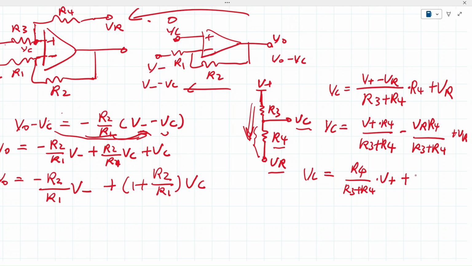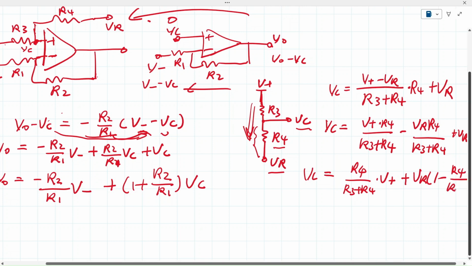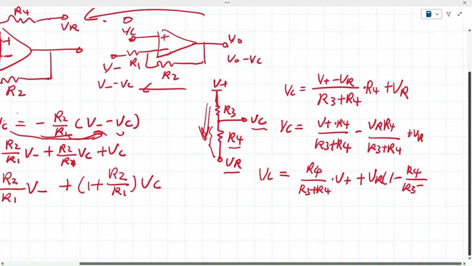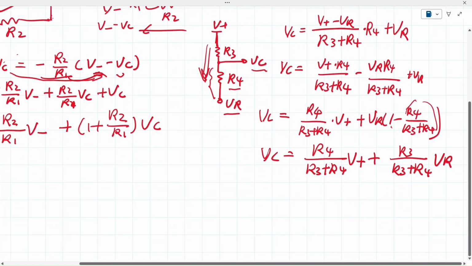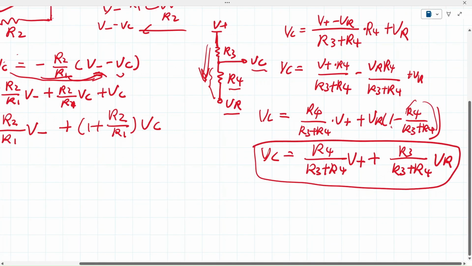So VC equals R4 over R3 plus R4 times V plus, minus VR times 1 minus R4 over R3 plus R4. We can turn that into R3 over R3 plus R4 times VR. Okay, so this is the VC value.